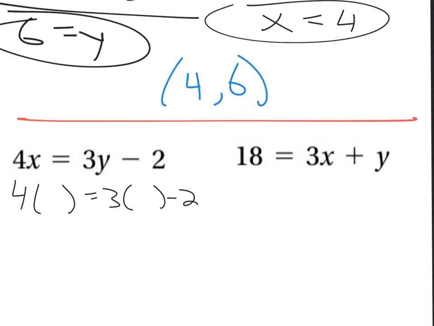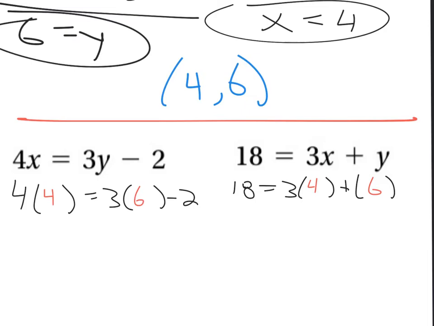Well, x is equal to 4, and y is equal to 6. And I'm going to do the same thing on this side, and then I'll solve them both. 18 equals 3 parentheses plus parentheses. And what do we get? Well, x is equal to 4, y is equal to 6.